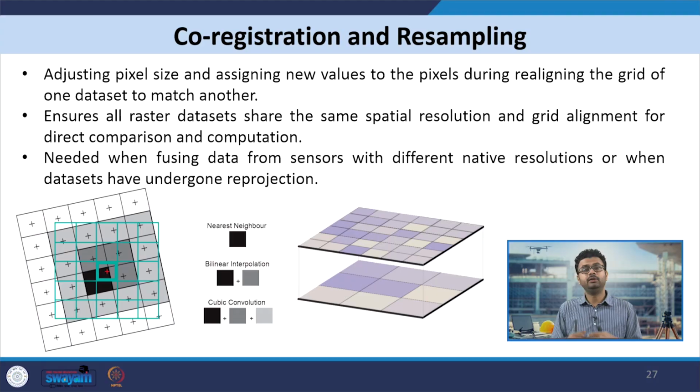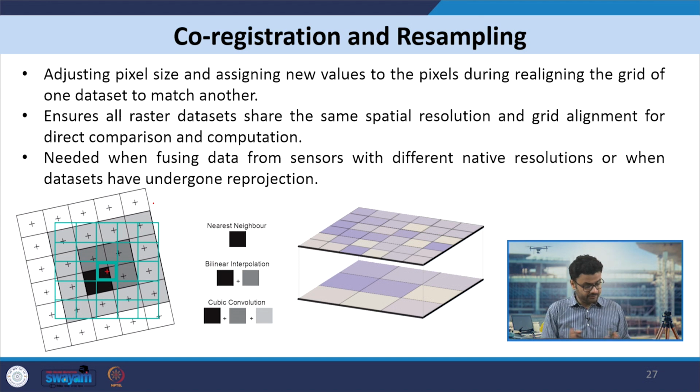So, adjusting pixel size and assigning new values to the pixels during realignment of the grid while we are matching one dataset to another is co-registration and resampling. And this ensures all raster datasets share the same spatial resolution and grid alignment for direct comparison and computation. And this is especially needed when fusing data from sensors with different native resolutions and when datasets have undergone reprojection.